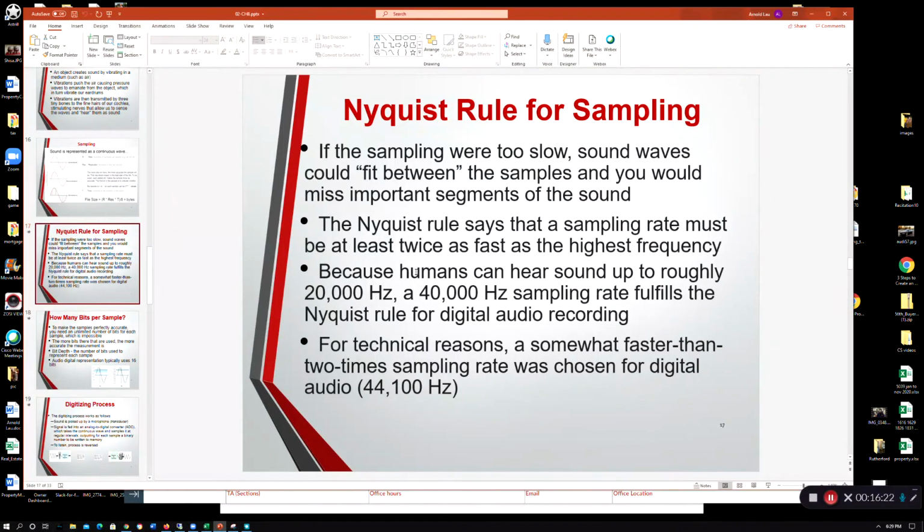You can argue that digital is not 100% fully accurate reproduction, even at this 40,000 hertz. But from a human perspective, for what the typical human can hear, 40,000 cycles is a good enough reproduction of the analog sound that you're hearing.